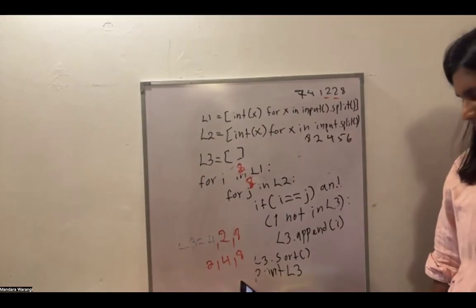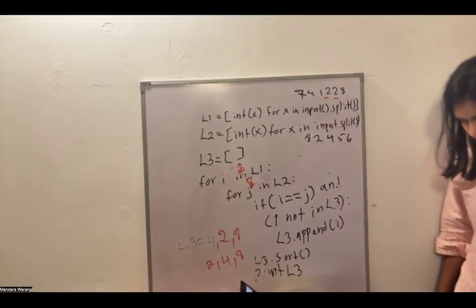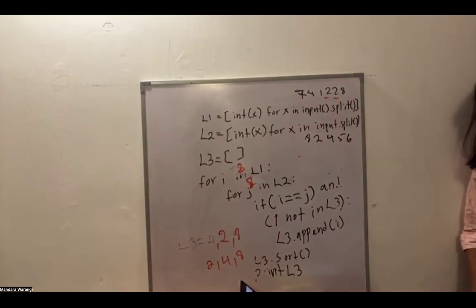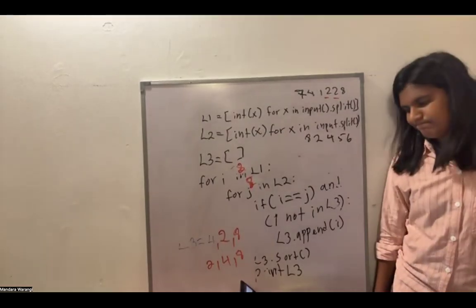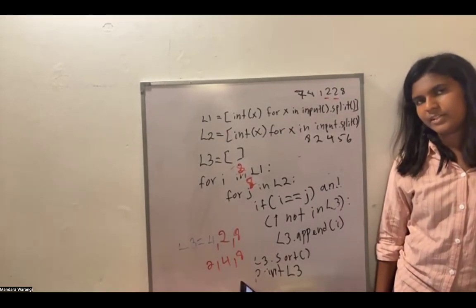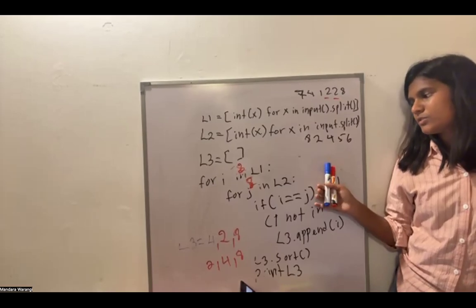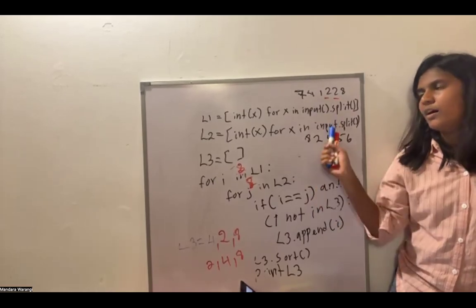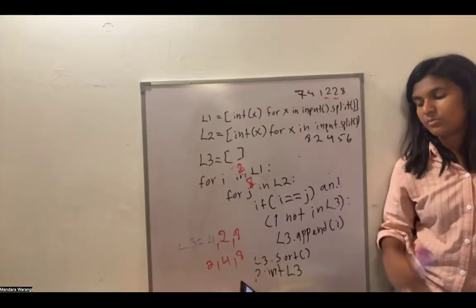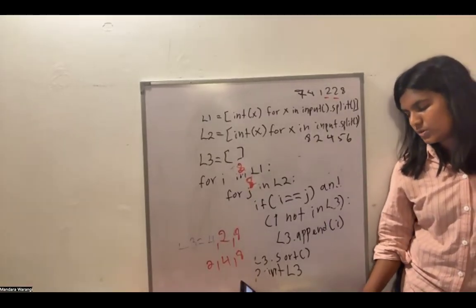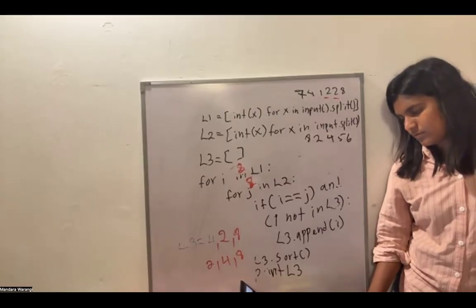Okay. So then what is the purpose of this program? Can anyone tell me? We take the similars of these two lists. What we are checking is, what are the similar numbers, similar integers in these two lists?